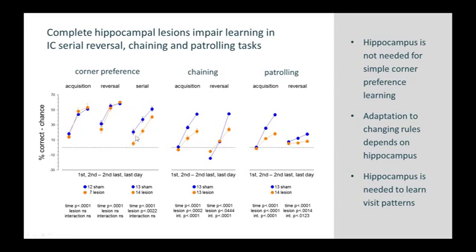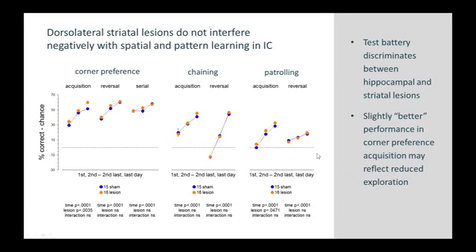But as you can see here, as we move to more complex rules, then the animals with hippocampal lesions get into great trouble and are impaired in all these more complex tasks compared to the controls. To test for the specificity of this test, we also ran animals with a dorsolateral striatal lesion in the task battery, and as you can see from the data, they were fine in all of the tasks, even in the most complex ones.